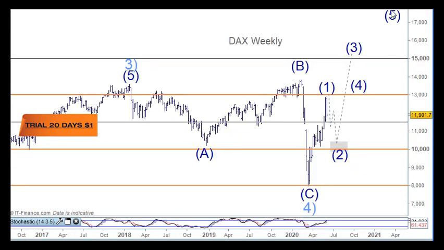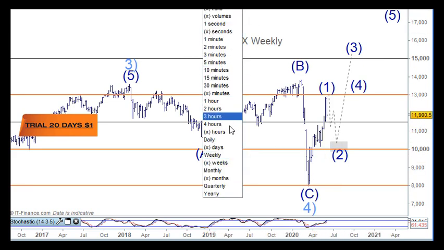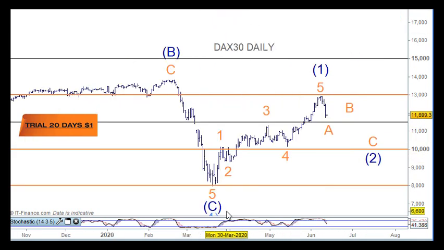But for the DAX here, we want to move into this here and look at this in the same way we're looking at the S&P. It would just make sense. So wave 1 and 2 and 3 and 4 and 5 moving up through here.